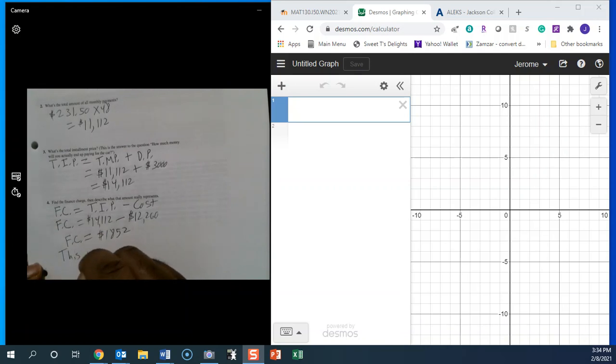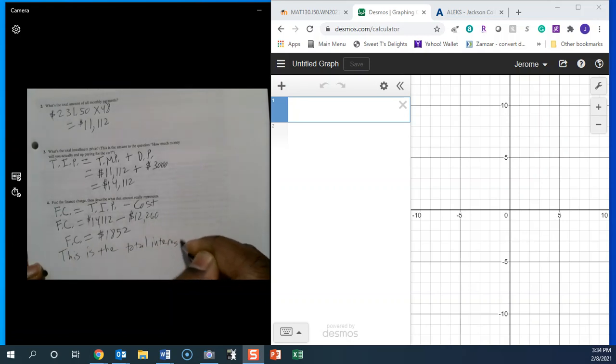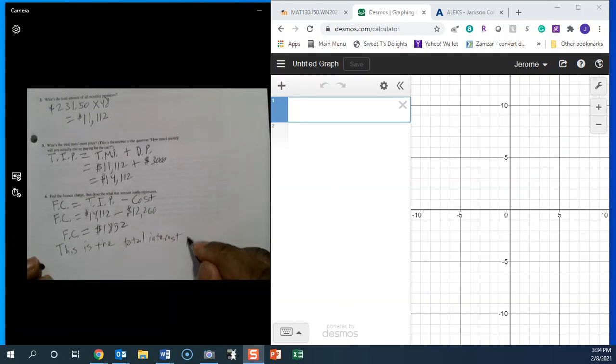Now they ask us to describe what this amount really represents. This is the total interest paid over the life of the loan. That's what that represents.